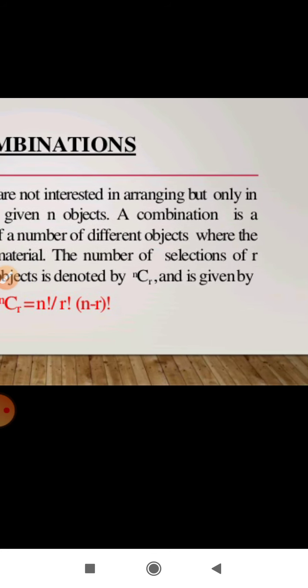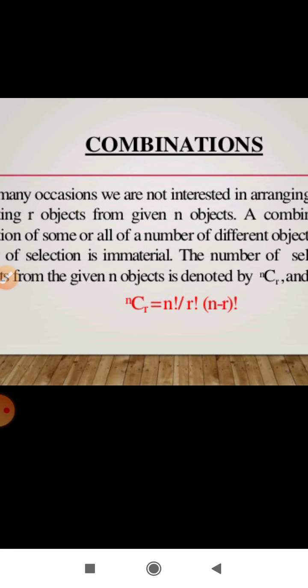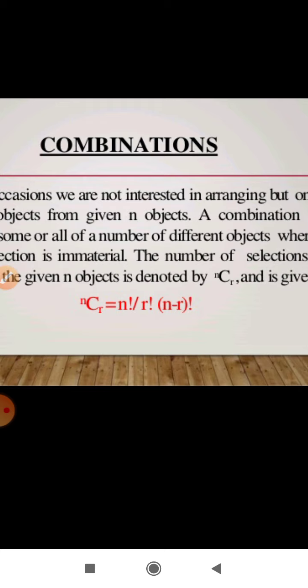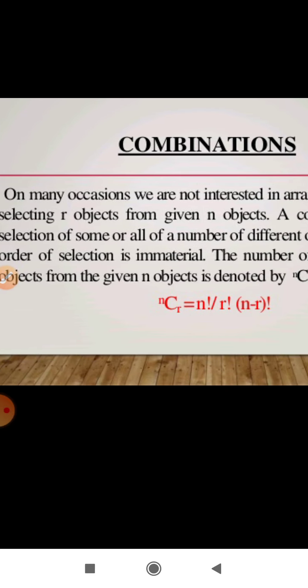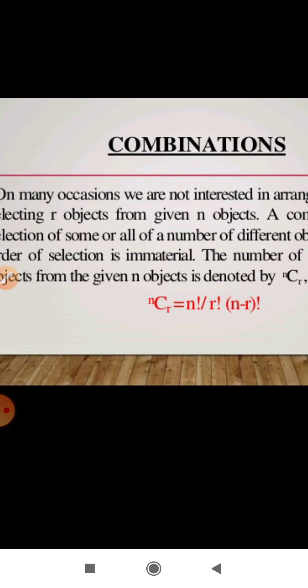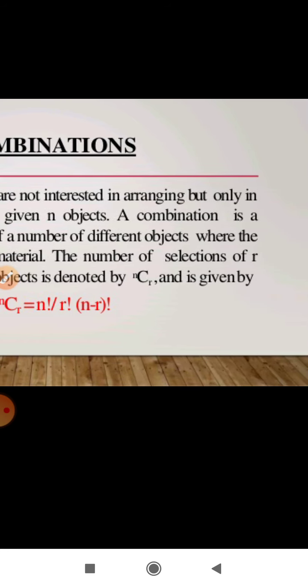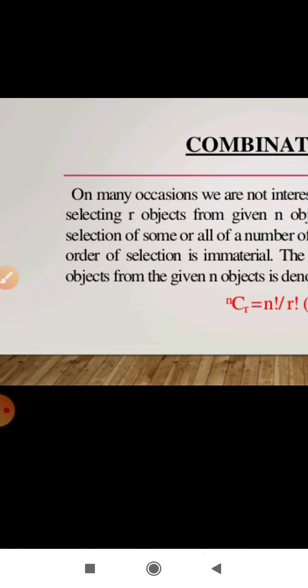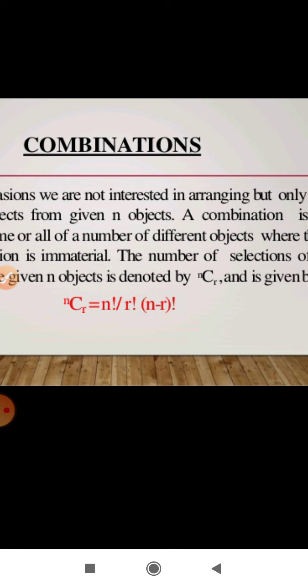A combination is a selection of some or all of a number of different objects where the order of selection is immaterial. The number of selections of r objects from the given n objects is denoted by nCr.